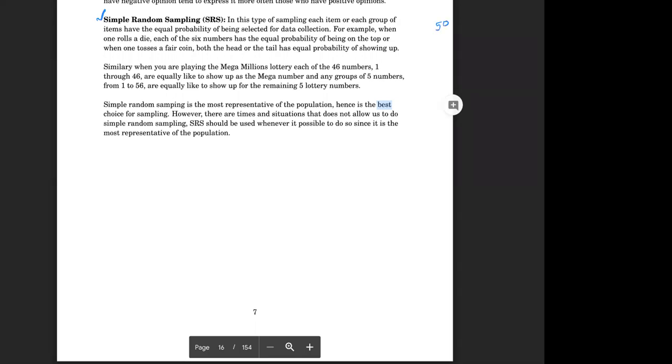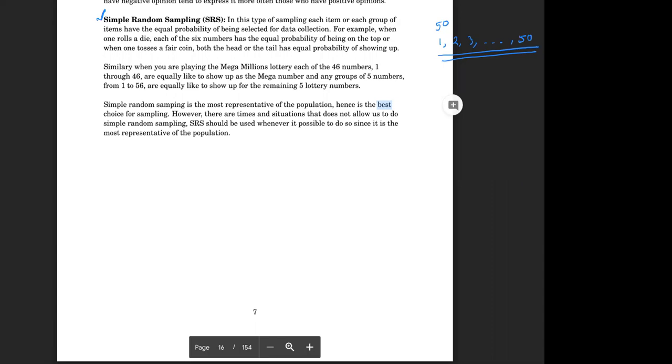So I assign each student a number 1, 2, 3, all the way up to 50. And then I create random numbers using the random generator in a computer program, and then select 5 students. The computer generates randomly 5 numbers from 1 through 50.